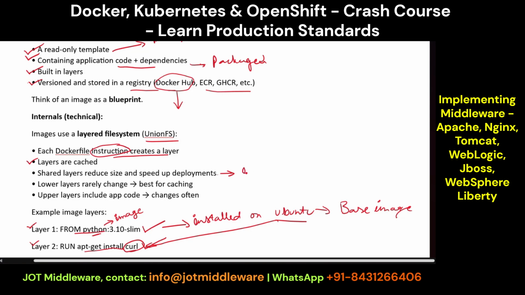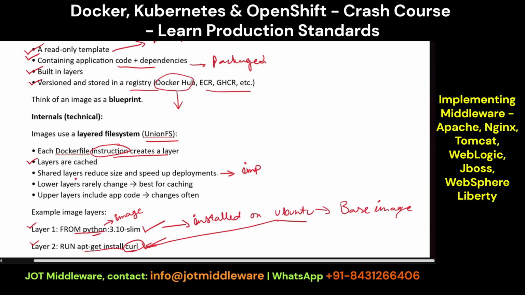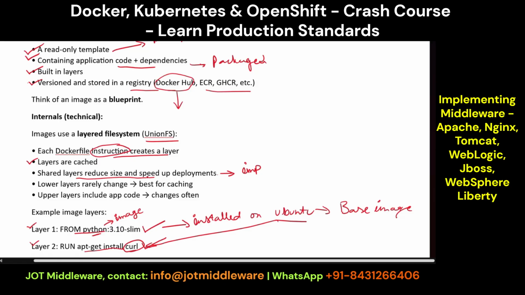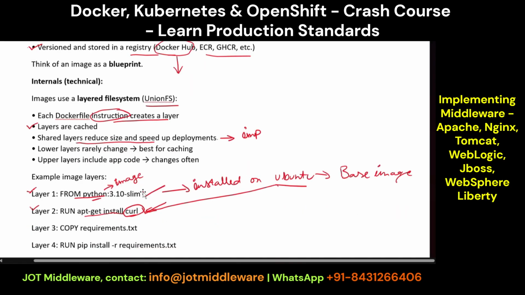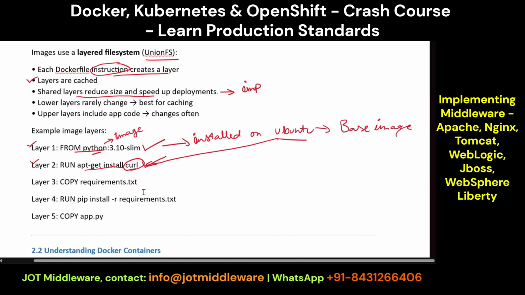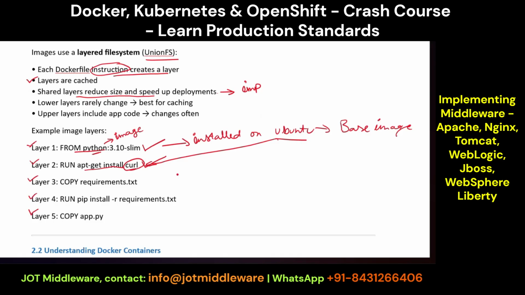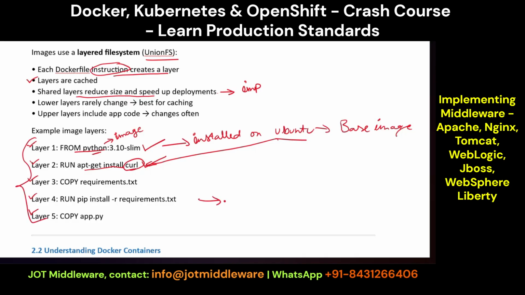This is an important reason, because layers reduce size. Each and every layer you use is on top of one. You see here, this is a layer, this is a layer, this is a layer.